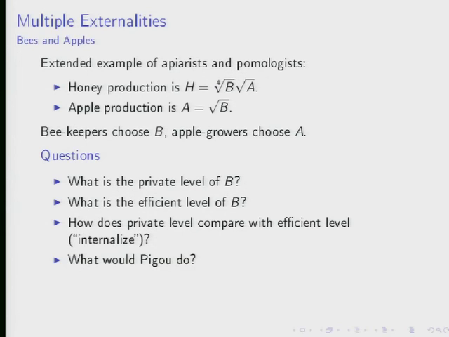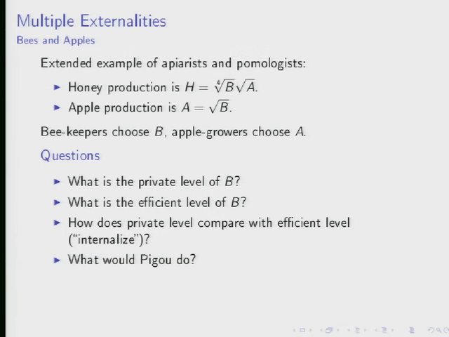All right. Okay, so we've got this thing. That implies, of course, that the square root of A is equal to the fourth root of B. And so we can substitute that into there. That's going to give us a new and improved expression for the private level of provision of B. In particular, we'll have P sub H over C, and we'll have B to the 1/4 divided by B to the 3/4.